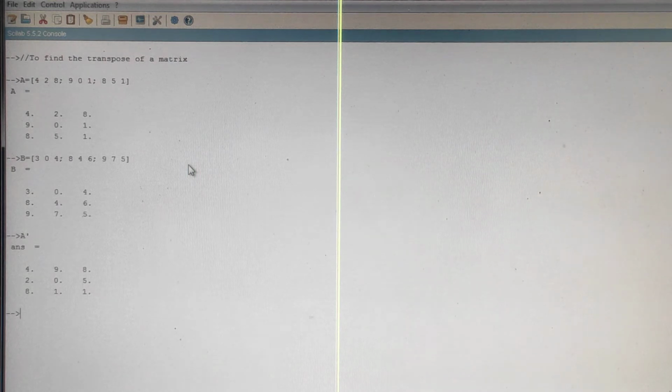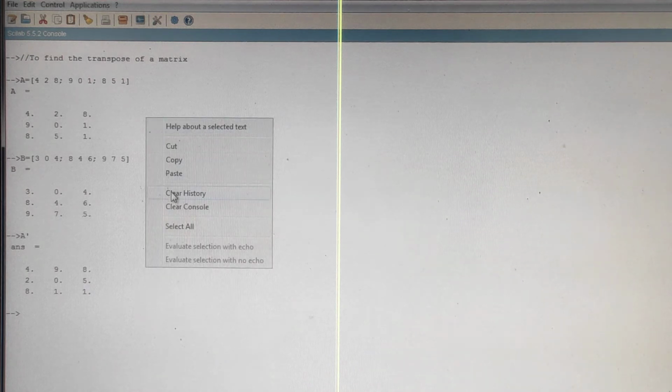Now let us verify the different laws or properties of transpose of matrices. So I am clearing the console.